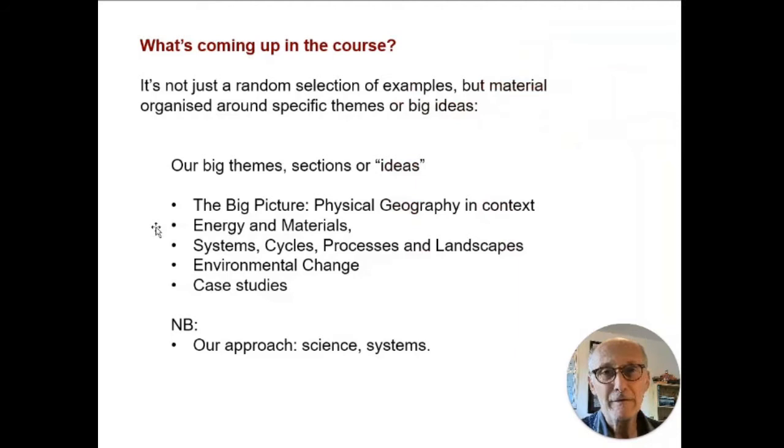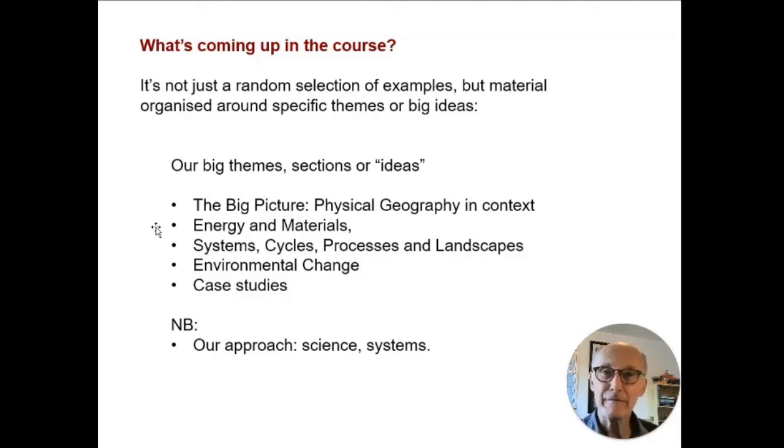Now, all those topics aren't just a random selection of bits and pieces, they're organised around a set of themes or big ideas, and we've broken the whole module down into sections, one section per big theme. So after this introduction where we're putting physical geography into context, we're going to talk about energy and materials and the fact that a lot of what happens on the Earth's surface is to do with this interaction between energy and materials.